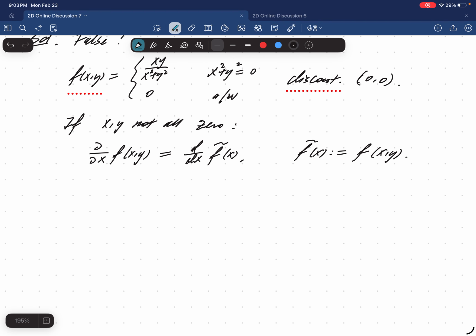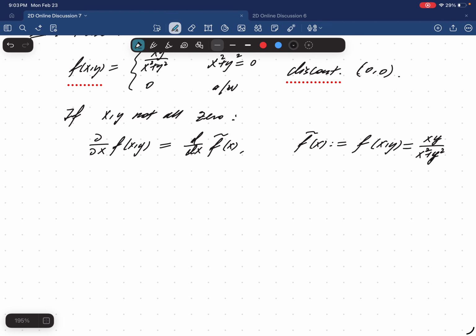And since x and y are not both 0, this is just xy over x squared plus y squared. This is a perfectly good continuous differentiable rational function where the denominator never vanishes.